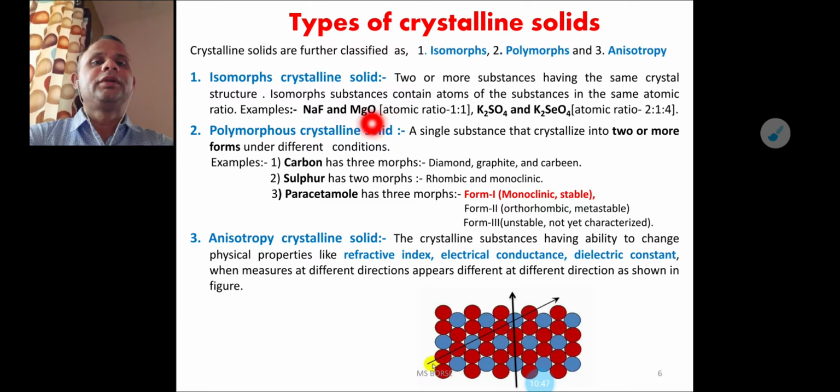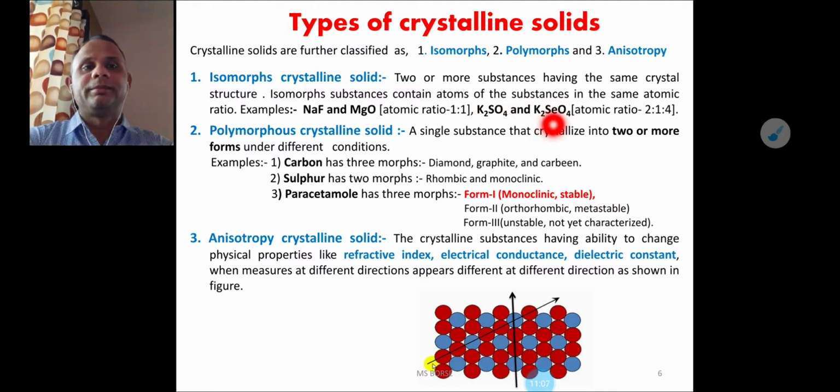For example, sodium fluoride and magnesium oxide are isomorphic to each other. The second example is potassium sulfate and potassium selenate. Both are isomorphic to each other. In the case of isomorphic compounds, the atomic ratio of the elements in the compound is the same.